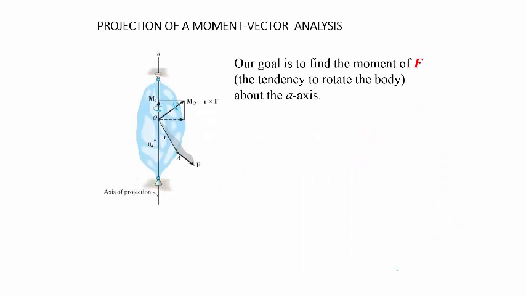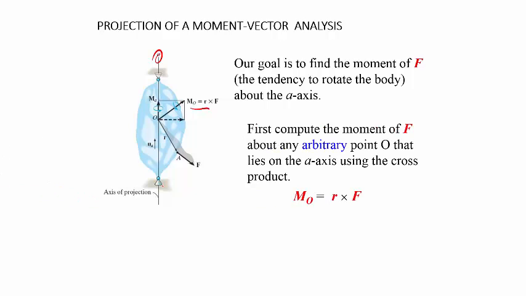Now we're going to see the analogy of a projection of a moment across an axis that is not necessarily x and y. And so it's the same concept as the projection of a force along a line that is not x and y. So you have your moment, and let's say that you want it along a line that is AA. So the first thing you have to do is to compute the moment of the force to have that value.